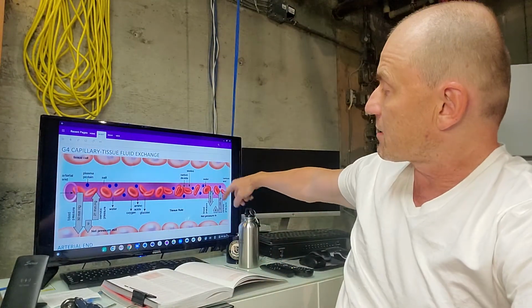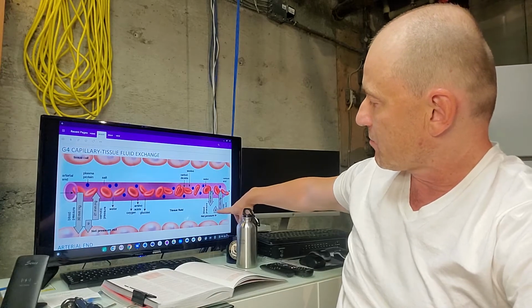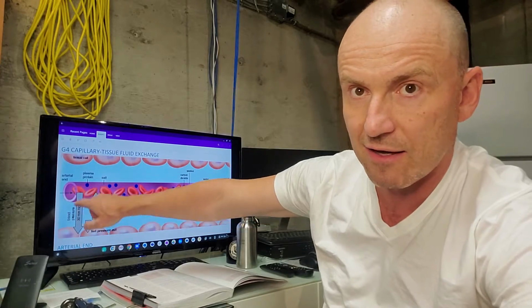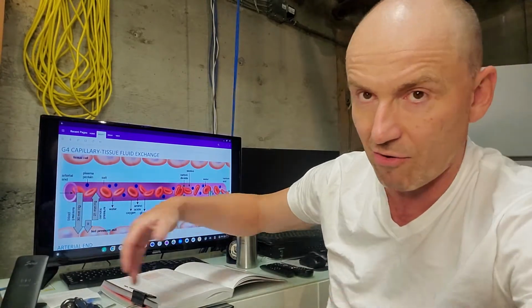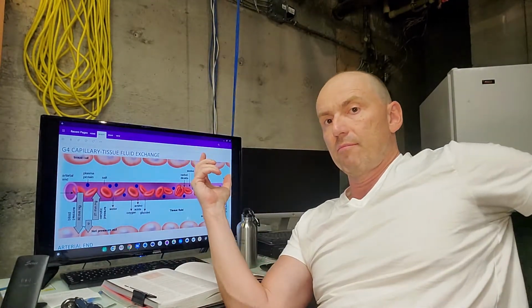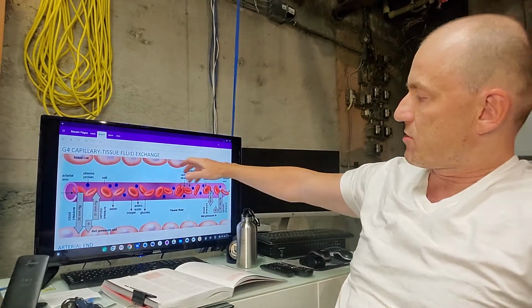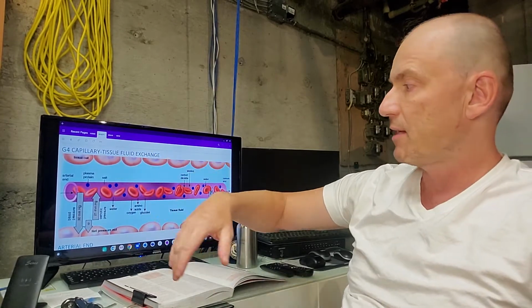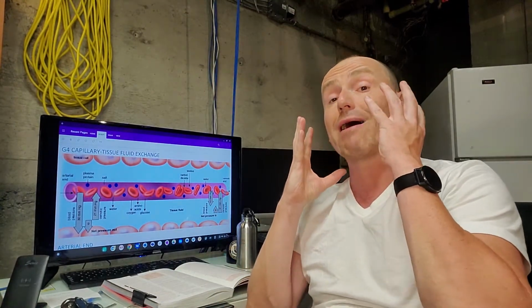And then it gets reabsorbed, but the net reabsorption is only 6 millimeters of mercury, and the net excretion, or going out of the capillary, is 9. So there's a leftover plasma, leftover fluid, extracellular fluid. Once the plasma leaves, it becomes extracellular fluid, and if that excess extracellular fluid wasn't drained, you would start to swell up.